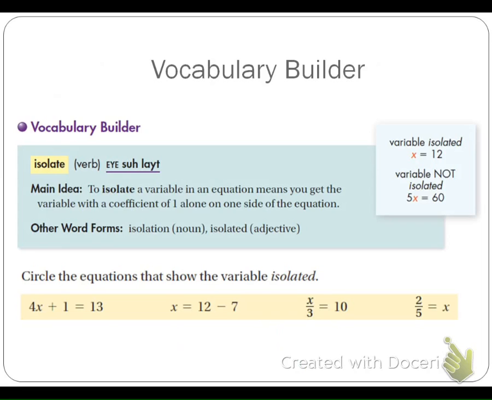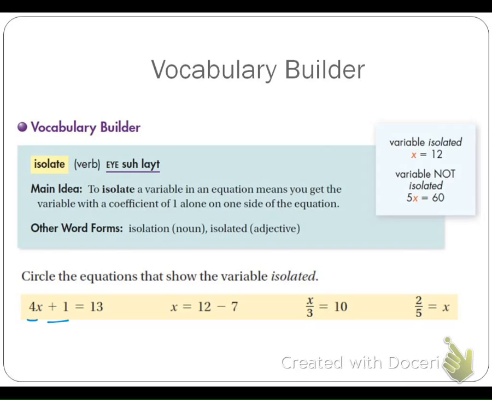Look below. Our first equation, you see 4x plus 1 equals 13. Is the variable isolated here? No, look, beside it has a 4 that's beside the variable, and also there's a 1 that's being added to the variable.